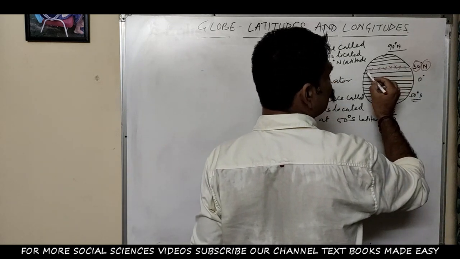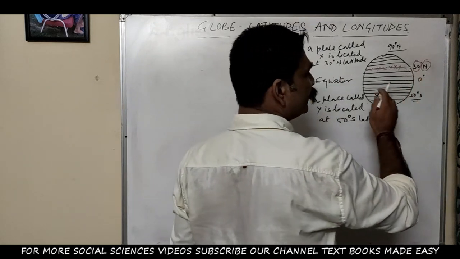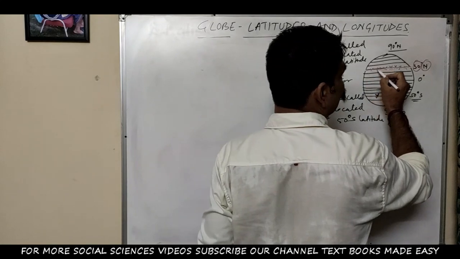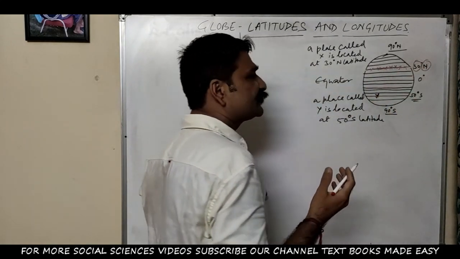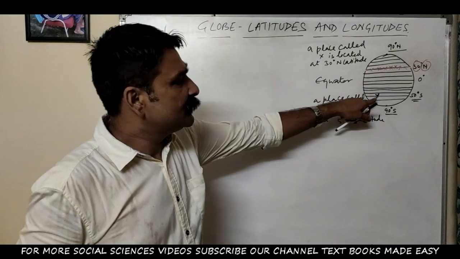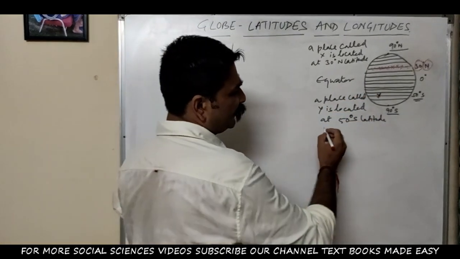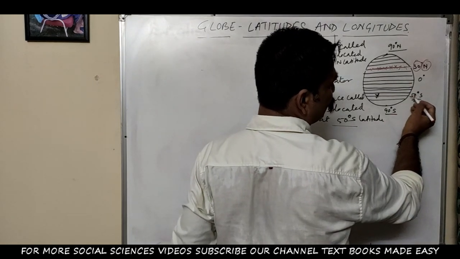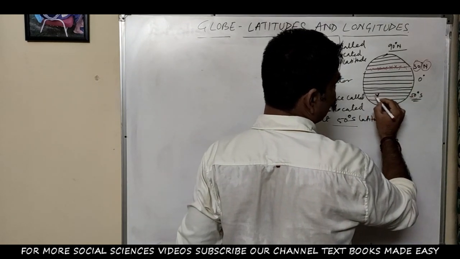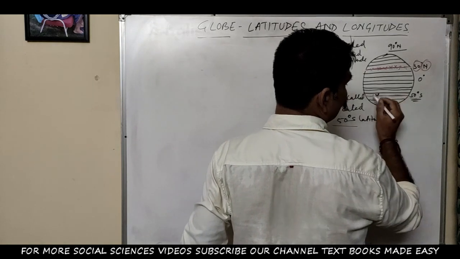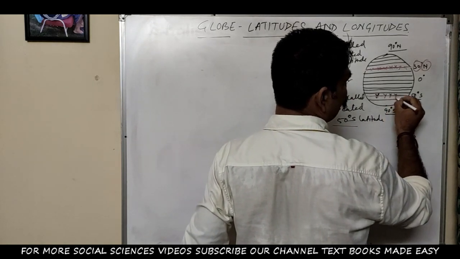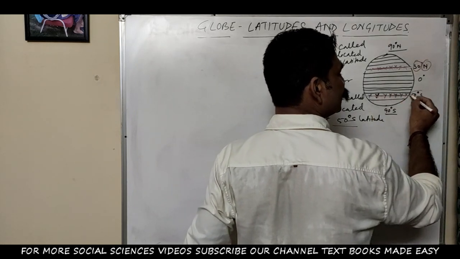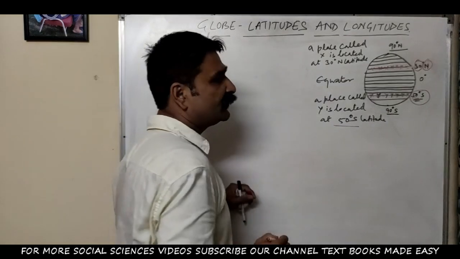That place could be located anywhere on this 30 degree latitude. In the same way, the place called Y, which is located at 50 degree S, is in the southern hemisphere, so it can be located anywhere on this 50 degree southern latitude.